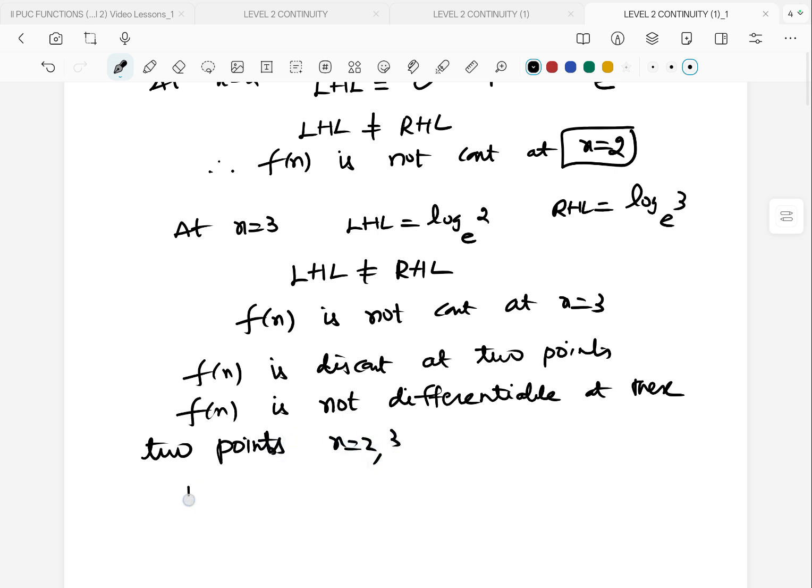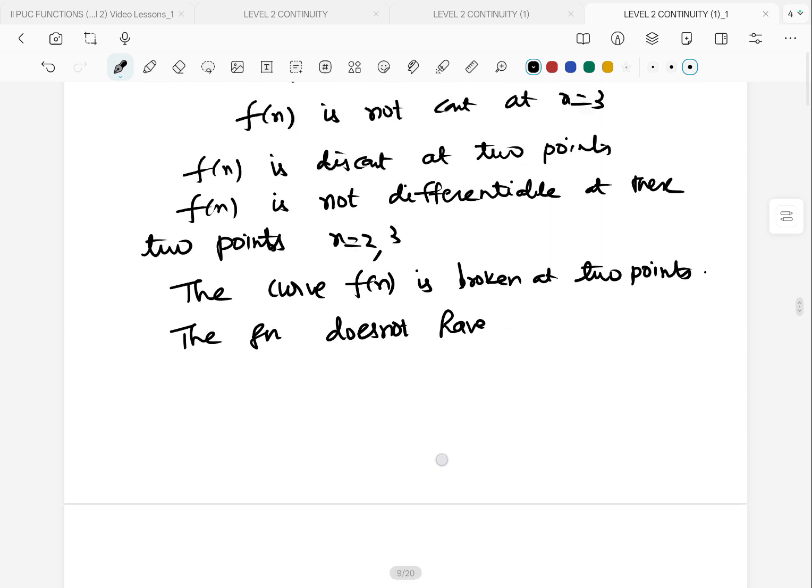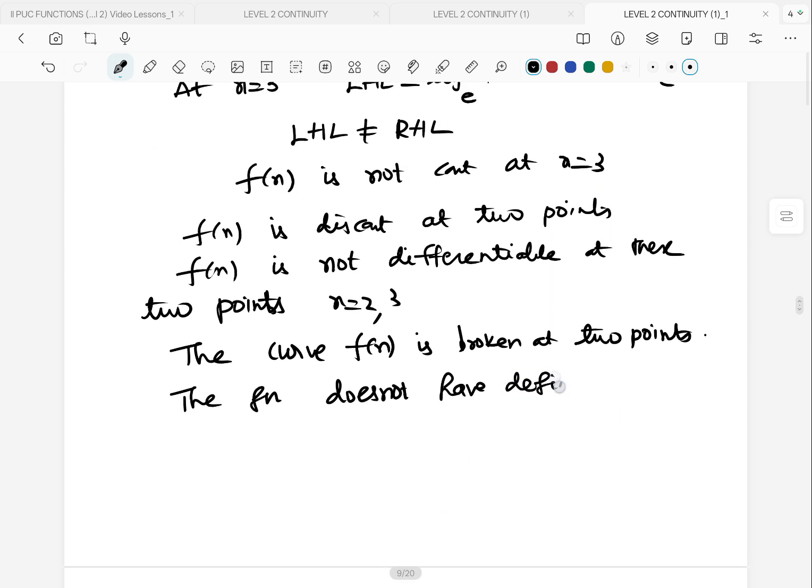So the curve f of x is broken at 2 points. When it is not differentiable at these 2 points, the function does not have a definite tangent at these 2 points.